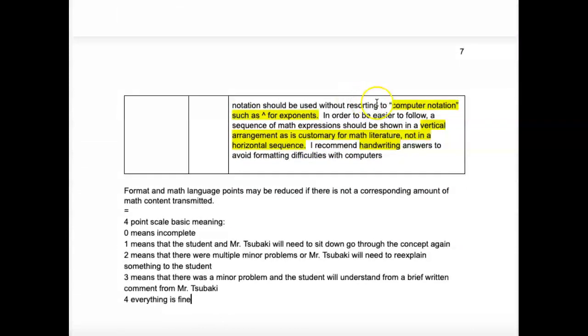Computer notation, that's something I take off for in math language. Computer notation meaning caret for exponents, or asterisk for multiplication.